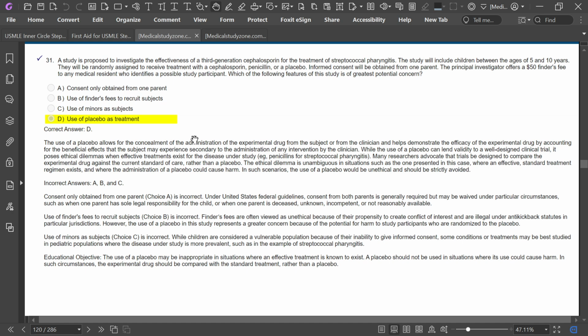Because what if the kid really has strep pharyngitis? Now you give him the placebo, so it's not really a drug. And then the pharyngitis just advances to rheumatic fever or whatever, because you just gave him a placebo. So you get your results that the cephalosporin works better than the placebo, but now the kid is sick and you let him get even more sick.